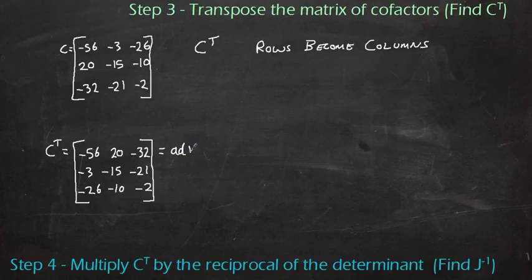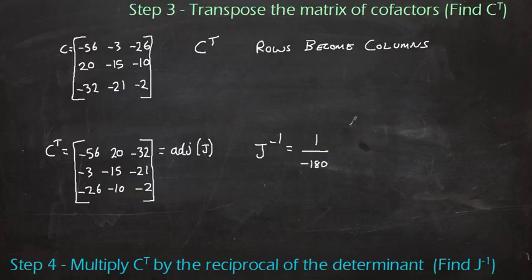So once we've taken the matrix of cofactors, we make each row a column, and this is called the transpose of the matrix of cofactors, also known as the adjugate.